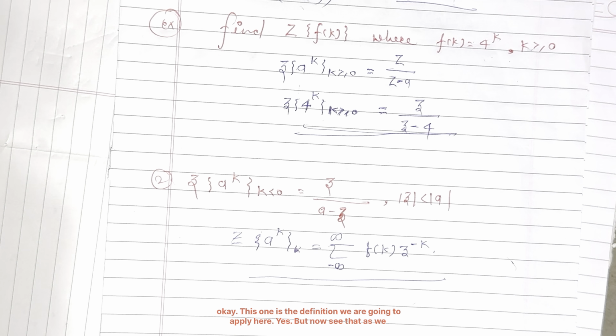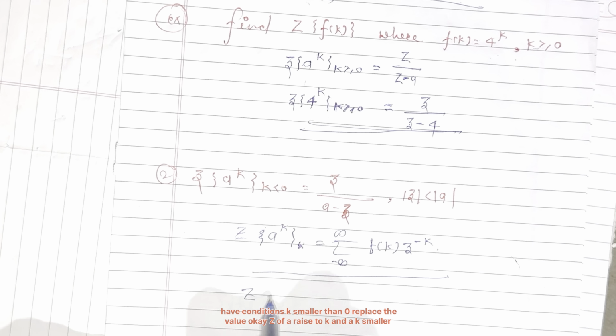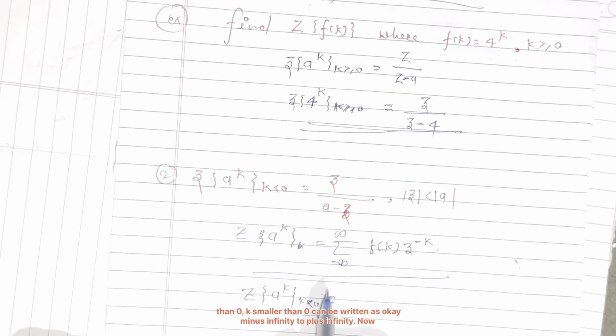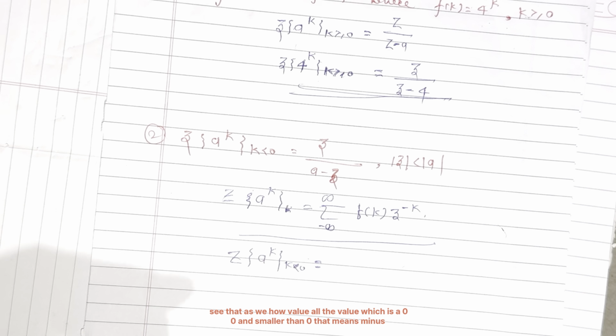But now see that as we have the condition k smaller than 0, replace the value. Z of a raised to k, with k smaller than 0, can be written as the sum over all the values which are smaller than 0, that means minus 1, minus 2, minus 3 up to minus infinity.